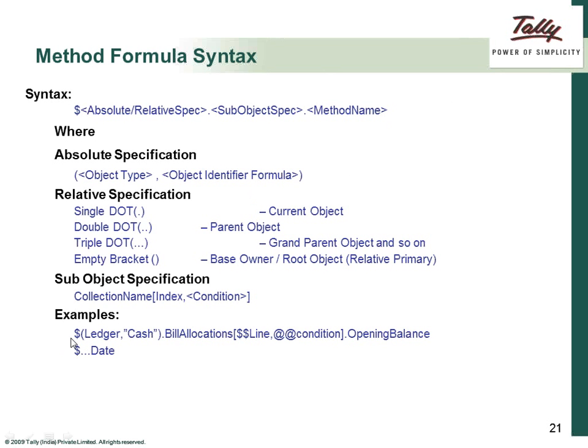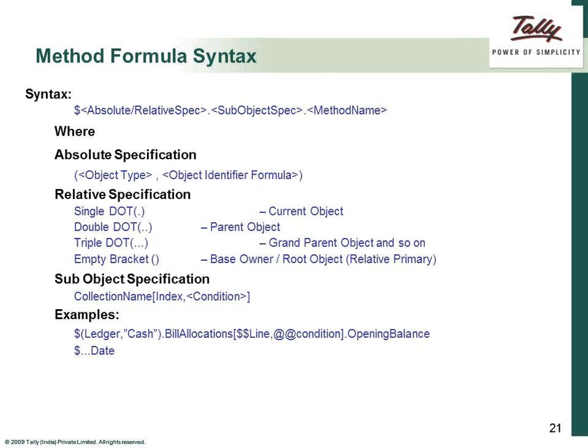Like, see, there is an example we have given here: dollar, open round bracket, ledger, comma, cash, close round bracket, which means you need to go to an object type called ledger whose name is cash. In the cash, dot.